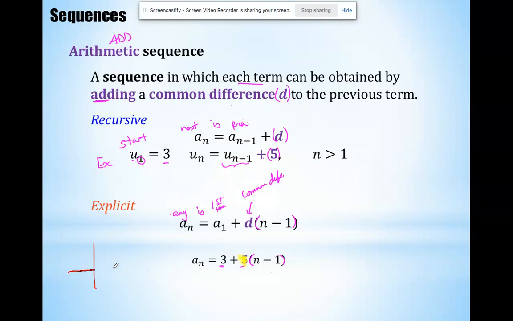So when I talk about graphing n's versus a sub n's, when n is equal to 1, a sub 1 was equal to 3, or u sub 1, whatever. When n was equal to 2, 8. When n was equal to 3, right? Any term, hello, slope.